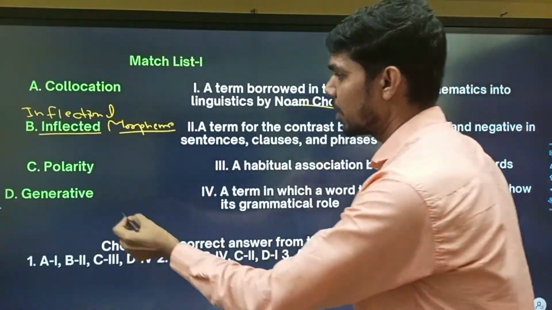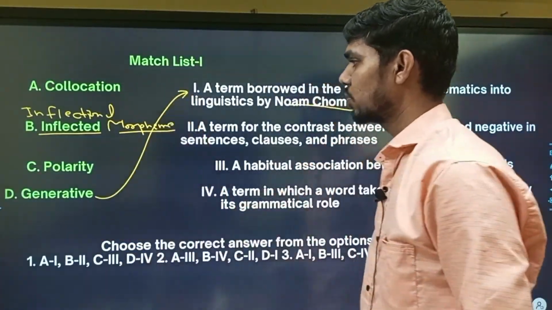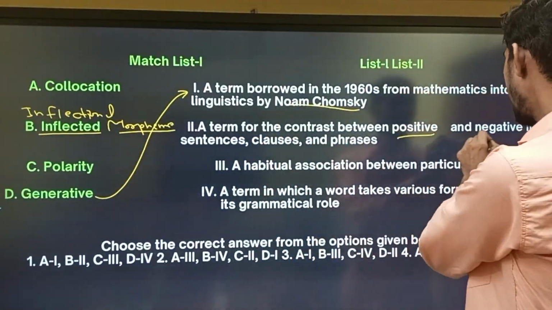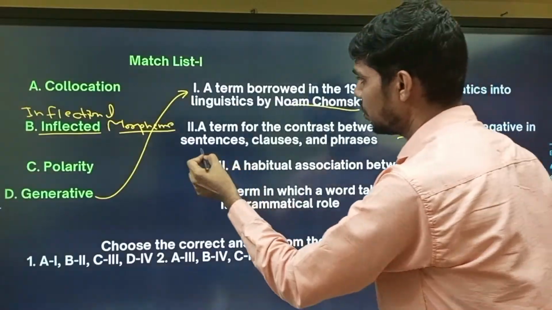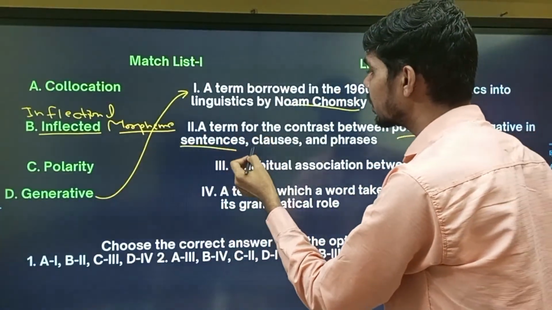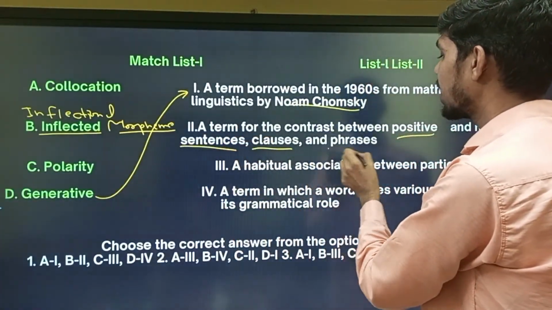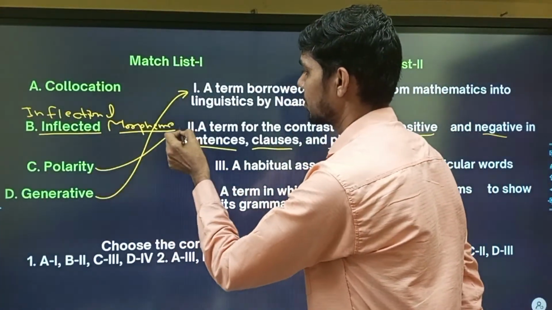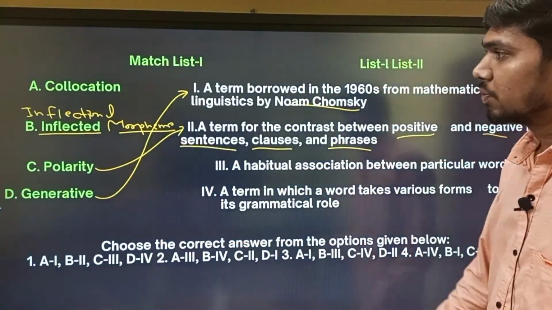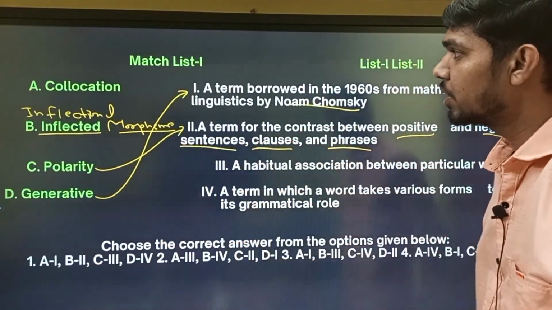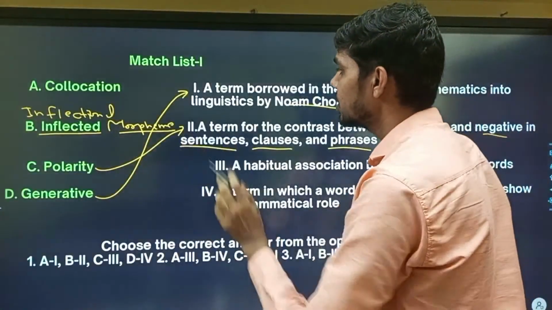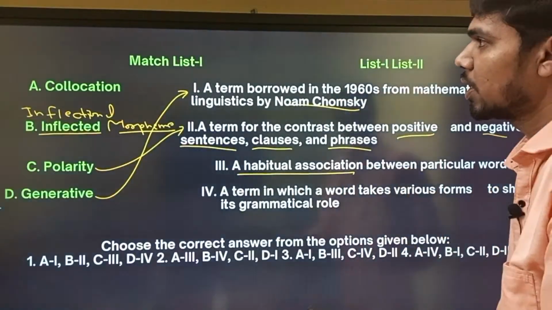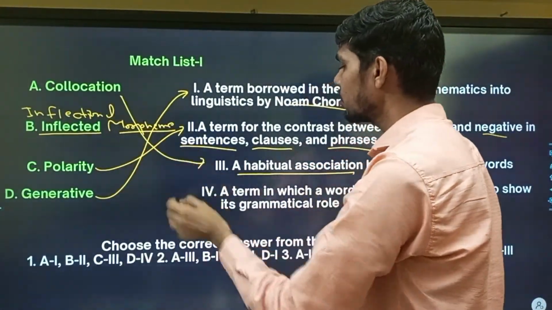This is, I think, generative grammar. And a term for the contrast between positive and negative. We will discuss it in the next video, negative sentences, clauses and phrases. So the negative and positive contrast is called polarity. So C will be correct here, 2, and the match is second. And a habitual association between particular words is called collocation. We will discuss it in the next video, don't worry.